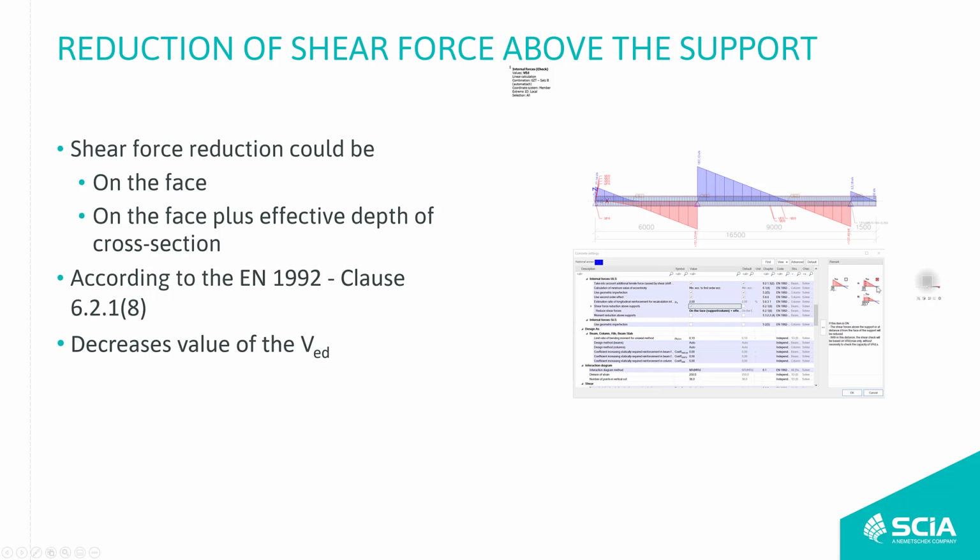And here I can see what it means in the case of the face of the support or in the case of the face of the support plus effective depth. All the background calculation is based on Eurocode 2 and clause 6.2.1. So you can go to the code and have a look at what is implemented.